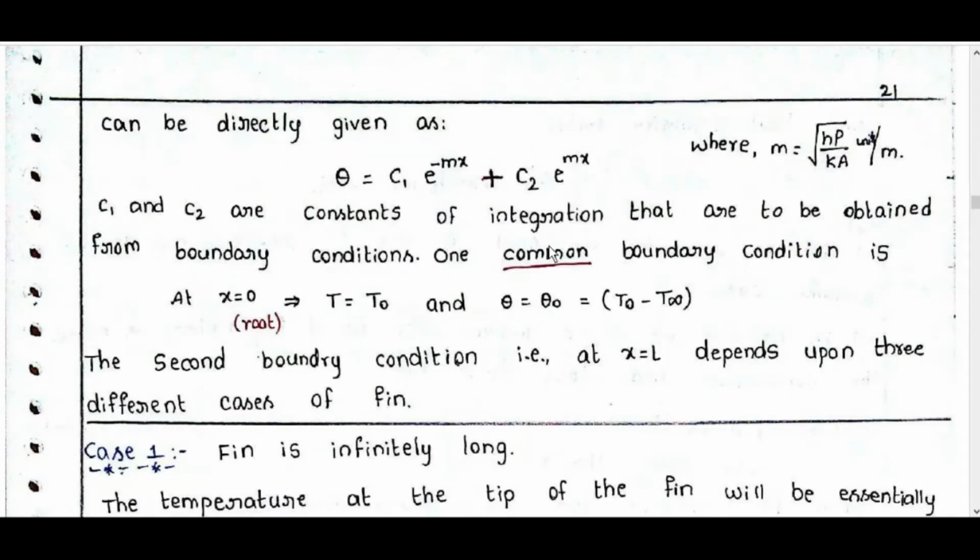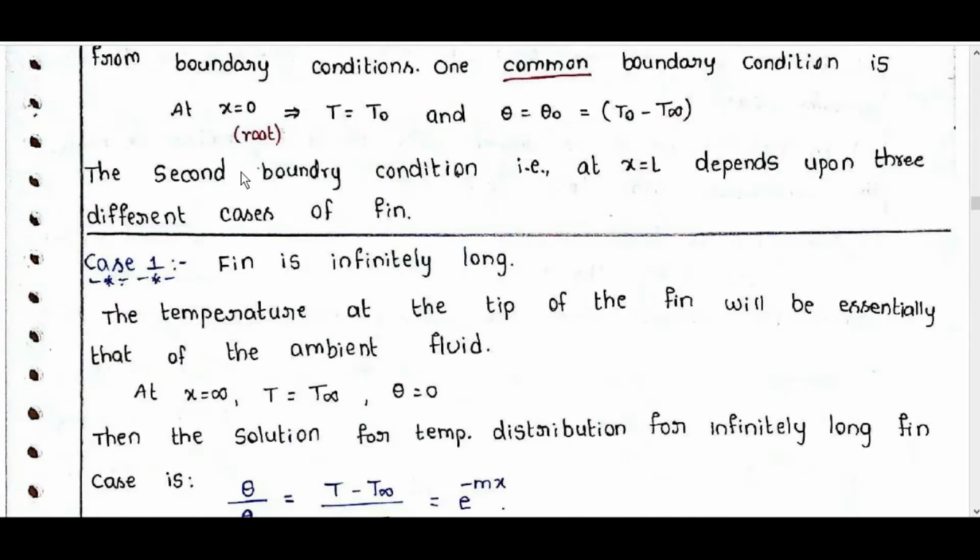C1 and C2 are constants of integration that can be obtained from boundary conditions. One common boundary condition is at x equal to 0, T is equal to T naught, and theta is equal to theta naught, where theta naught is equal to T naught minus T infinity. The second boundary condition, that is at x equal to L, depends upon three different cases of fin.